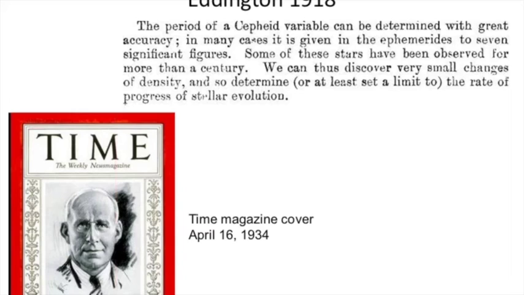So Eddington in 1918, remember way back when we talked about delta Cephei, Eddington had already pointed out the importance of period changes, and now we have much more sophisticated models of the evolution of stars. And we can use period changes in principle, if we have long enough data, to test whether the observed period changes match the nuclear burning theories of the evolution of these stars, rather than just the gravitational contraction idea that Eddington was able to test back in 1918.